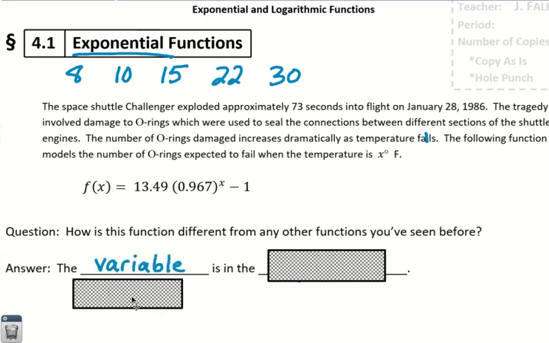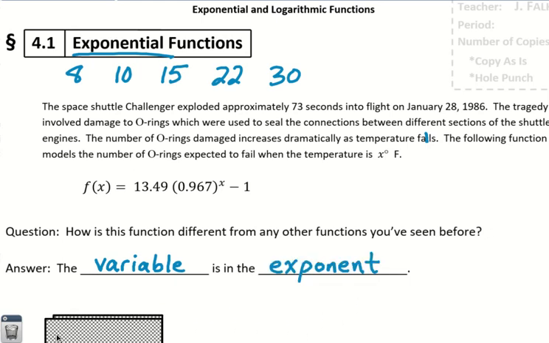Perhaps you notice that, man, I don't think I've ever had the variable be the power. Yeah, we're raising something to the x power, and that's the big indicator that what you're dealing with is an exponential function.